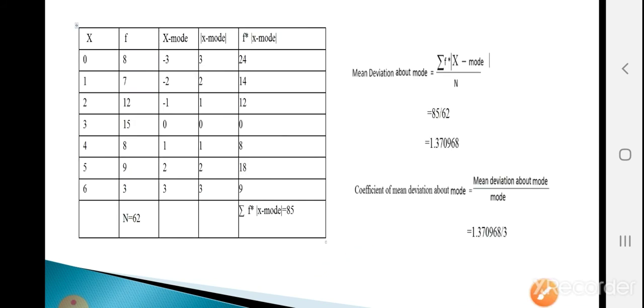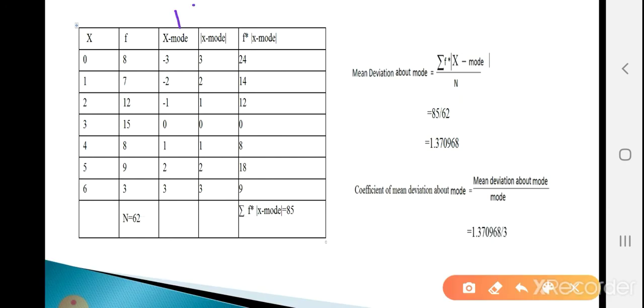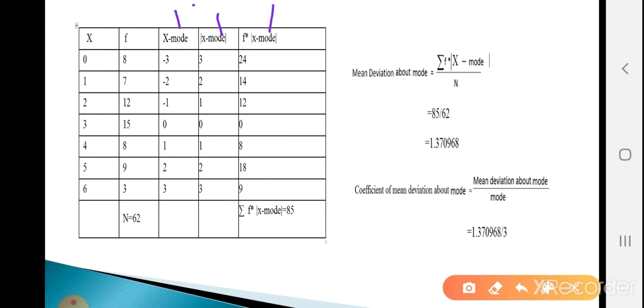Okay, see, first make the column x minus mode, then make the column mod of x minus mode, and the last f into mod of x minus mode. Here the value of mode is 3. So subtract 3 from each value of x. So the column values of x minus mode are minus 3, minus 2, minus 1, 0, 1, 2, 3, and the absolute values are 3, 2, 1, 0, 1, 2, 3.